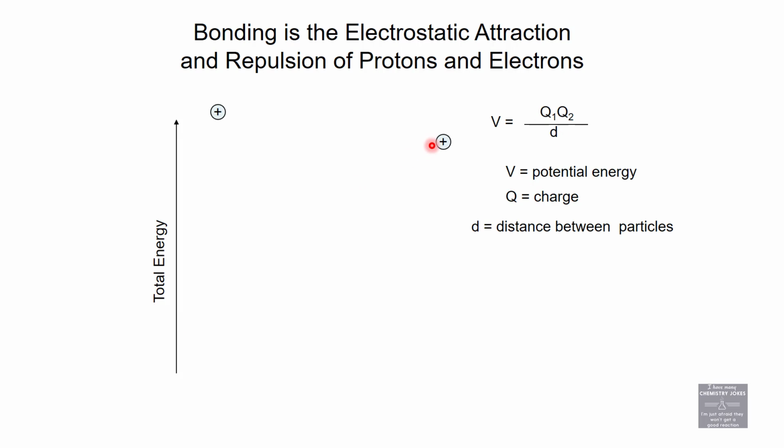So you have 2 points out in space. Those 2 points that are protons out in space repel each other. This arrow is a repulsion force because those charges are the same, they repel each other. If you put an electron in the middle of those 2 points, this proton will experience an attraction force.